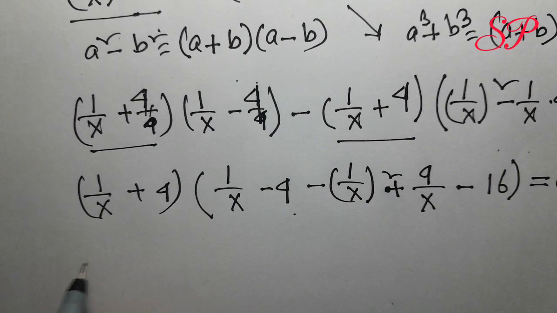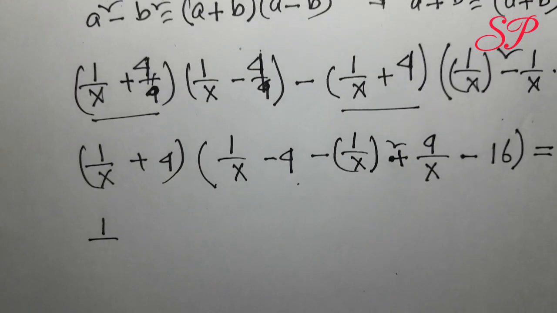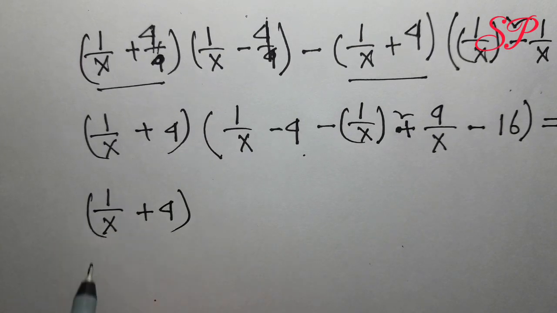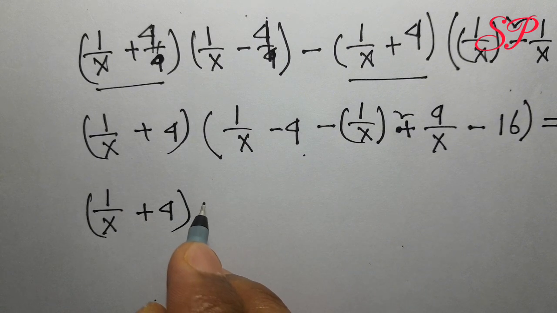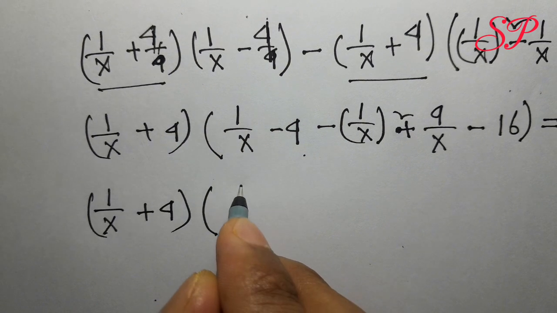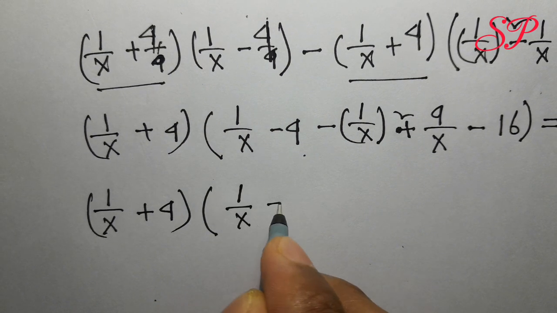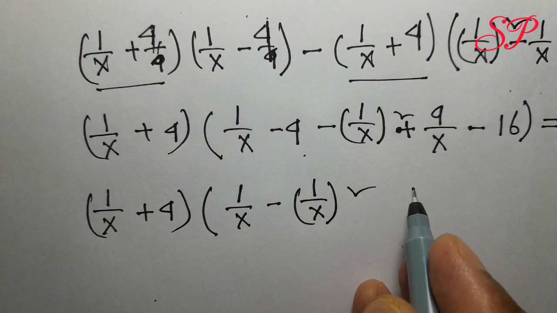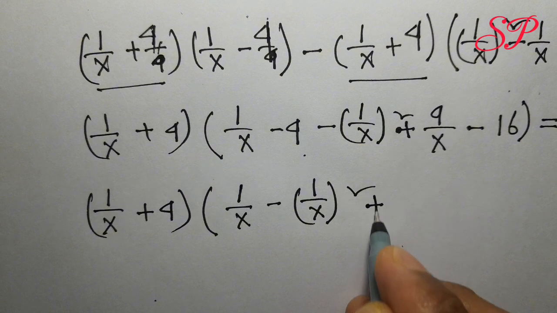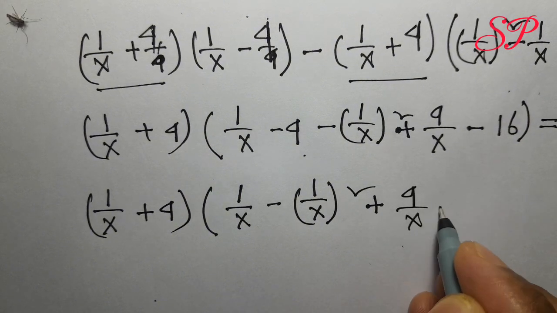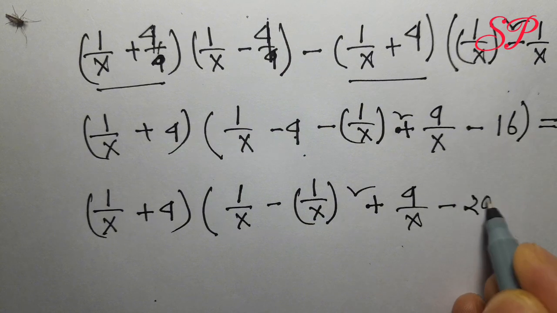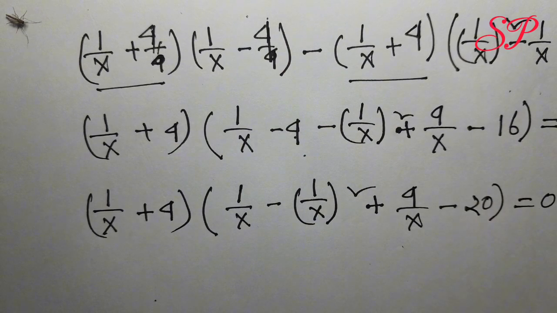Then we can write 1 by x plus 4, and here we can write 1 by x minus 1 by x square plus 4 by x minus 4 minus 16, which is minus 20, is equal to 0.